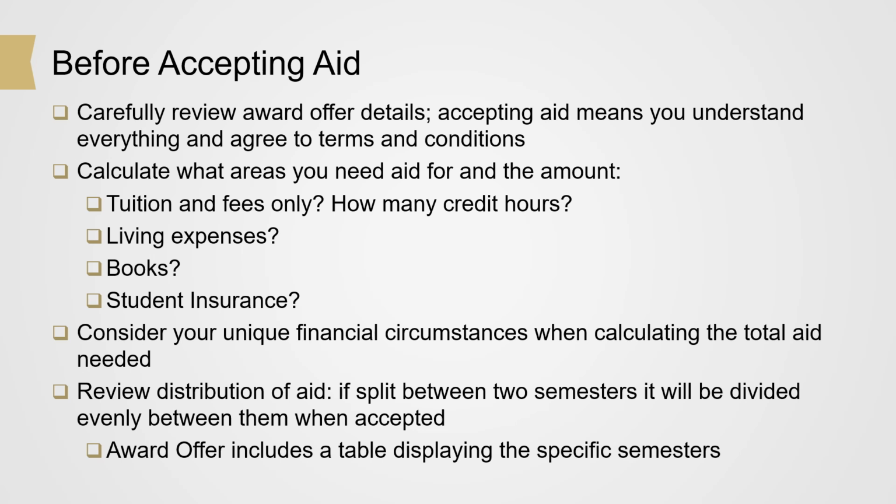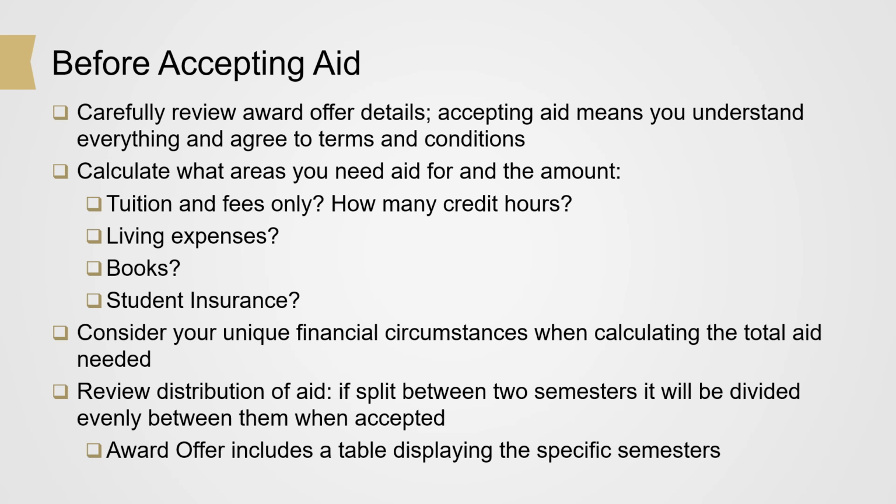You want to make sure that you consider your unique financial circumstances when calculating the total aid that you need, and only take out what you need. Do not take out maximum amounts just because it's there. Review the distribution of the aid as well. If the aid is going to be split between 2 semesters, so you're accepting, for example, fall and spring, that aid total will be divided evenly between the 2 semesters.